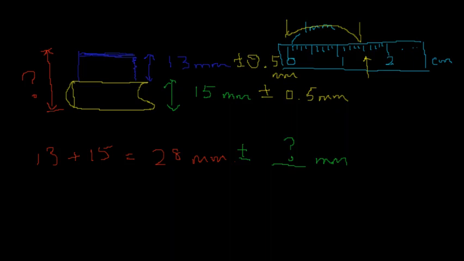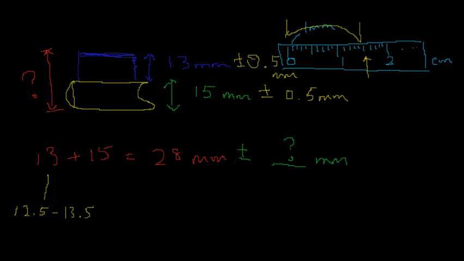So to the best of our knowledge, it can be anywhere between 13 minus 0.5 and 13 plus 0.5. So that means anywhere between 12.5 to 13.5.